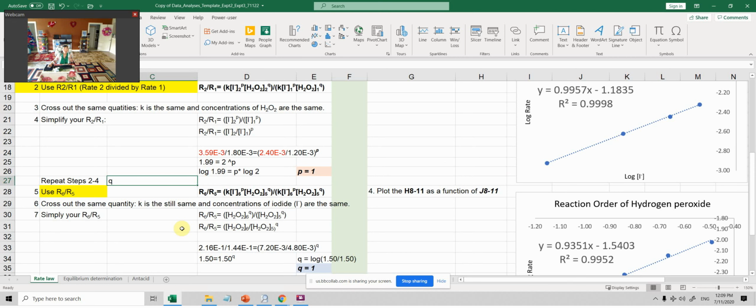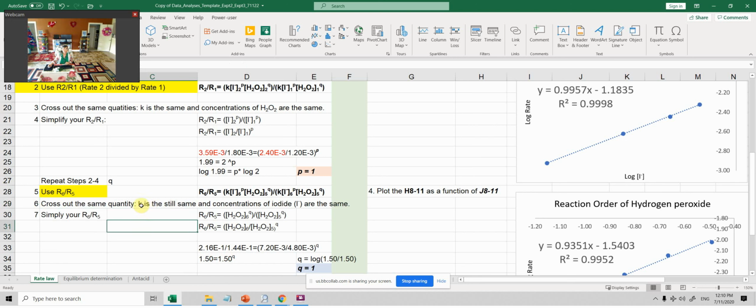Similarly, you are going to repeat steps 2 and 4 to determine your Q, the reaction order for your hydrogen peroxide. So you can choose a different pair. In my case, I choose R6 over R5, so you determine this equation. Again, you are going to cross out the same quantity K, the rate constant at the same temperature.